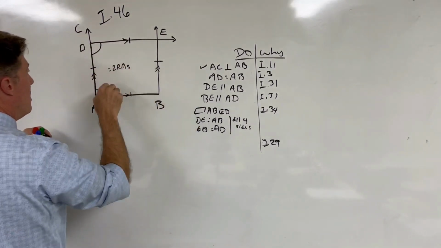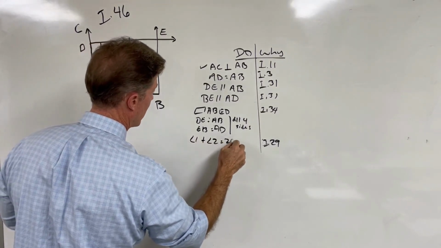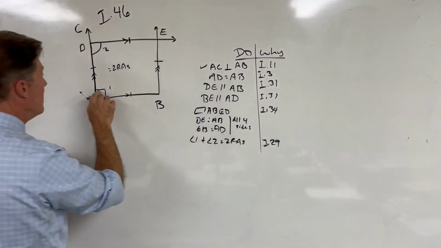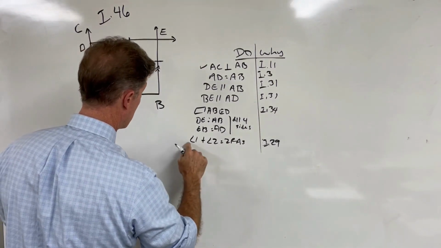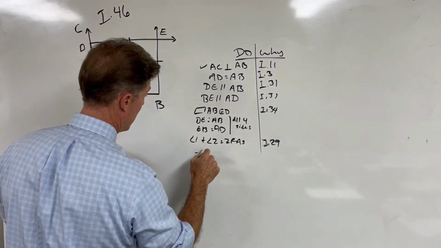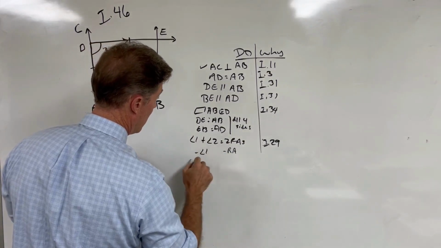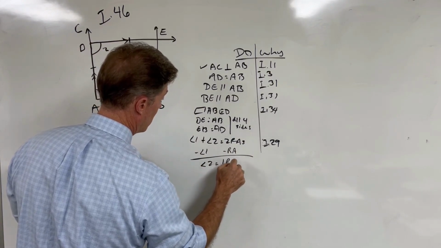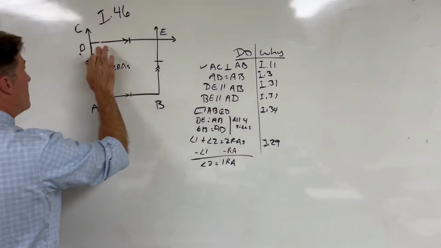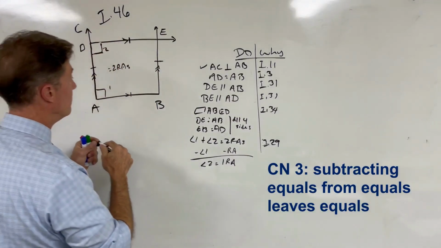So we'll call this angle 1 and angle 2. Angle 1 plus angle 2 equal two right angles. But angle 1 is already one right angle. So if we remove a right angle from this, then angle 2 must equal one right angle. Therefore, this is a right angle as well.